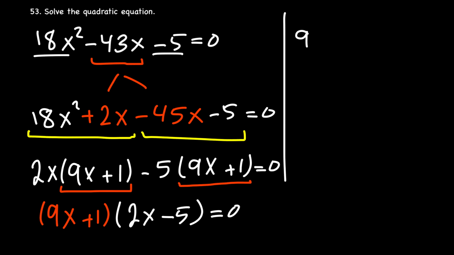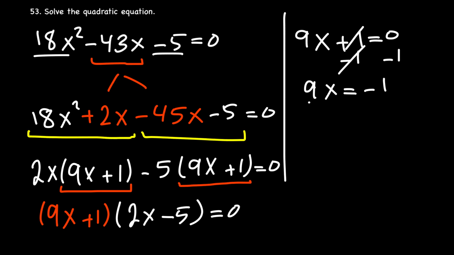Now let us set each factor equal to 0. 9x plus 1 equals 0, and let us solve it. We will subtract 1 from both sides. This will cancel out, so 9x equals negative 1. We have to divide both sides by 9. So x equals negative 1 over 9.